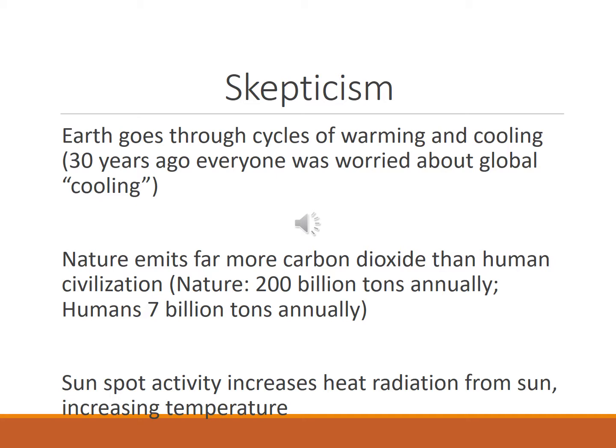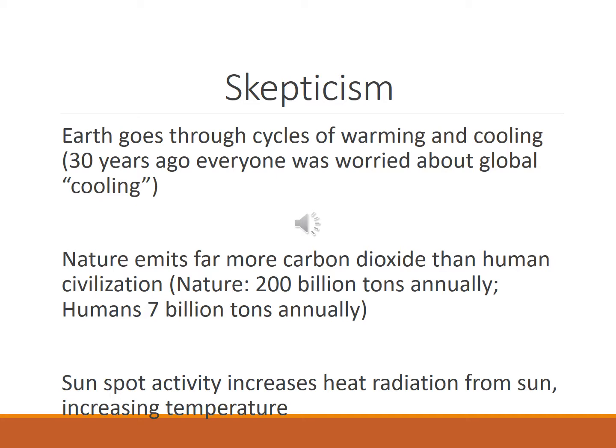Another argument designed to sort of take the blame away from humanity was the idea that nature emits a great deal of carbon naturally. That if you calculate all the carbon dioxide and other greenhouse gases emitted naturally through photosynthesis or other types of natural activities, it actually dwarfs what humans produce in terms of their carbon output.